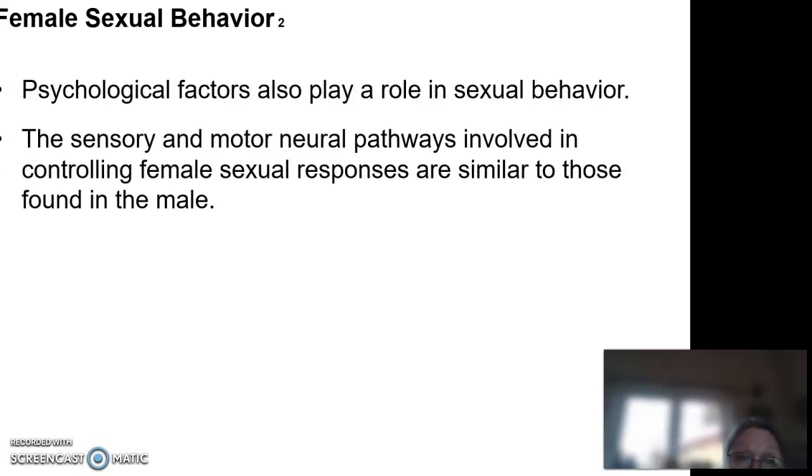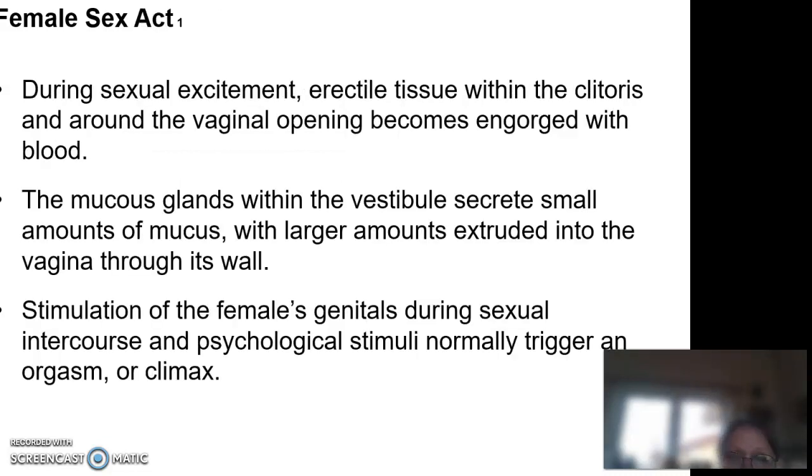You have psychological factors. The sensory and motor neurons involved in controlling female sexual responses are similar to those found in the male, but a lot of times women may have a headache or feel really tired, and their libido is not as active as most males'.